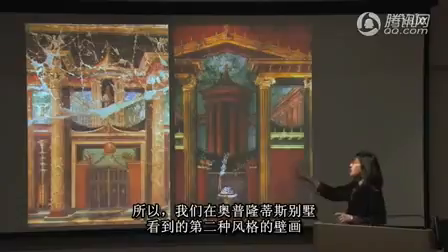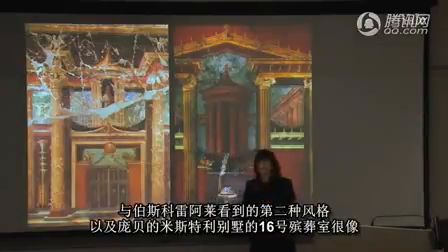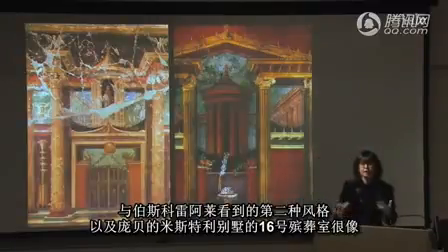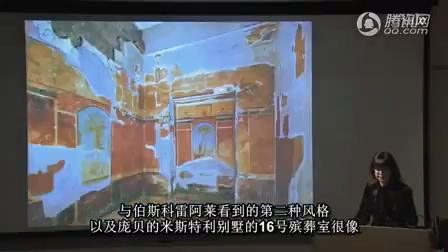So what we see in second style at Aplantis is very similar to what we saw at second style at Boscoreale and also at Pompeii at Cubiculum 16 of the Villa of the Mysteries.